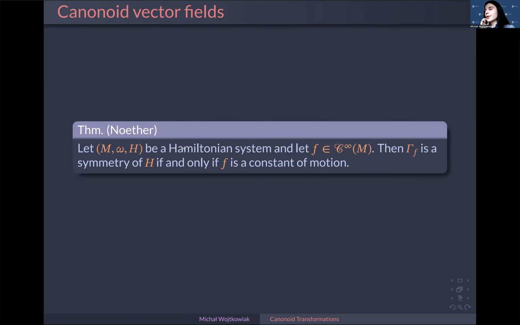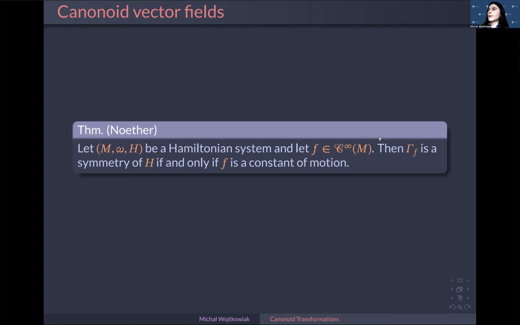Now the question arises, why would one even bother with canonoid vector fields in the context of physics? Well, we know that canonical transformations are especially useful in physics, and that's due to Noether's theorem, which says that a constant of motion can be associated with a Hamiltonian vector field, and then that vector field is a symmetry of the Hamiltonian.